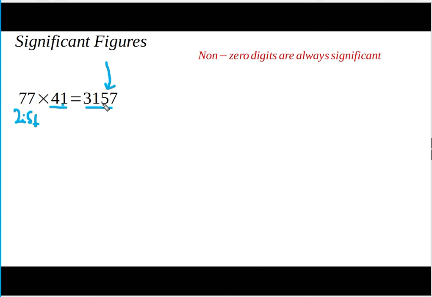Because we want to express this in two significant figures, we go to the third one. If it is 5 or greater, we round up. If it's less, we round down. Here in our case, we round up because it's 5. So we have 3, 2, 0, 0. You might say, hang on, what about the two zeros?